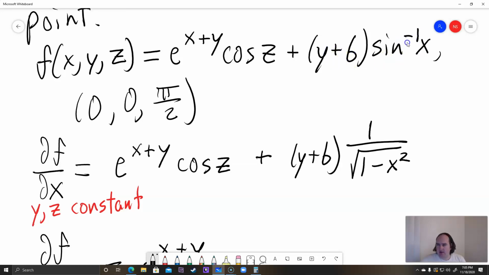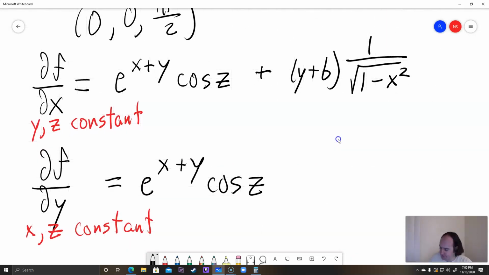But we still have a sine inverse of x, so we have plus 1 times sine inverse of x. But then we don't need to write this 1, because any number times 1 is the number. So now we have our partial f, partial y, which is e to the x plus y times cosine of z plus sine inverse of x.